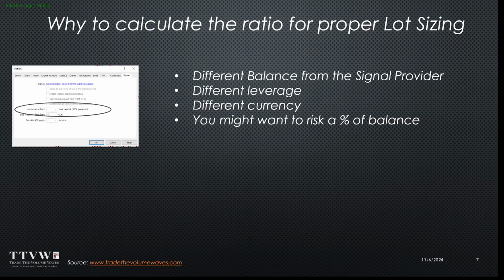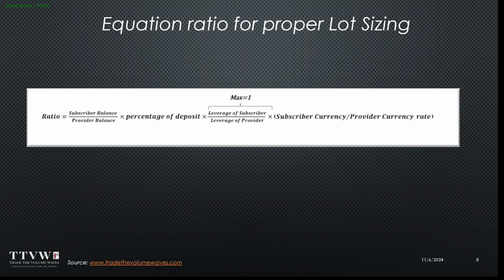Now, how to do that? This is the equation, okay, in order to set up this ratio on MT5. The ratio is the following: the subscriber balance divided by the provider balance, times the percentage that you want to limit your deposit to, meaning if out of the 1,000 balance that you have, you want to trade only 500, this will be 50%.